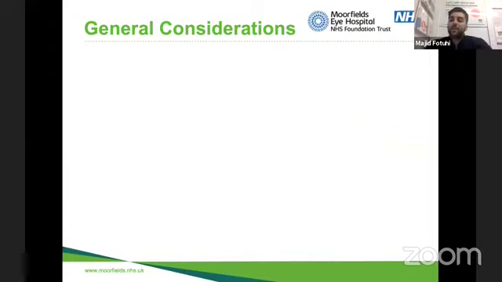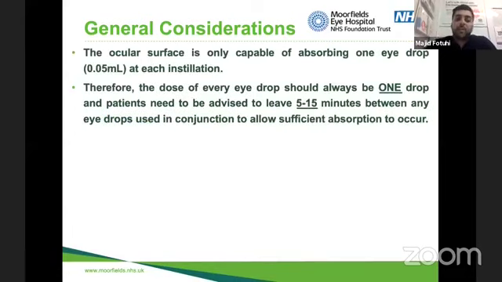So in terms of topical therapies, a few general considerations to think about. The ocular surface can only absorb 1 eye drop at each instillation, and this is equivalent to 0.05 milliliters. So the dose of every eye drop, it doesn't matter which formulation of eye drop it is, if it's a steroid, any eye drop should always be 1 drop.